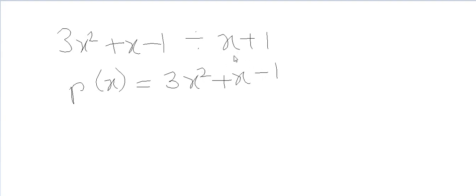Here it is being divided by x plus 1. So here the value of a is minus 1. You see that x plus 1 can be written as x minus (minus 1). So the value of a here is minus 1.